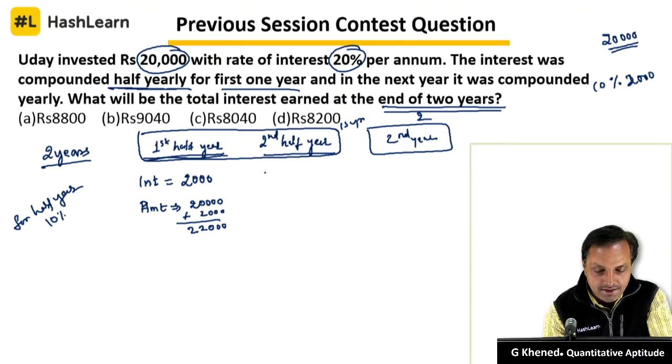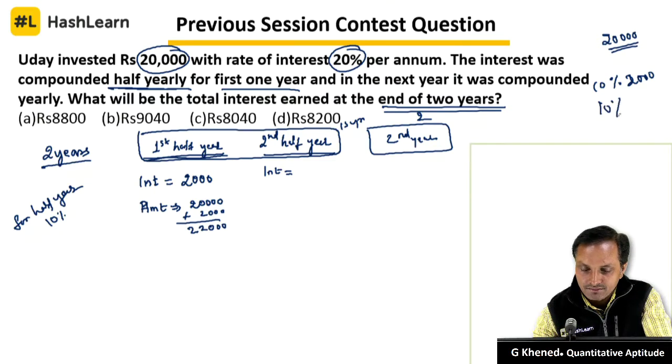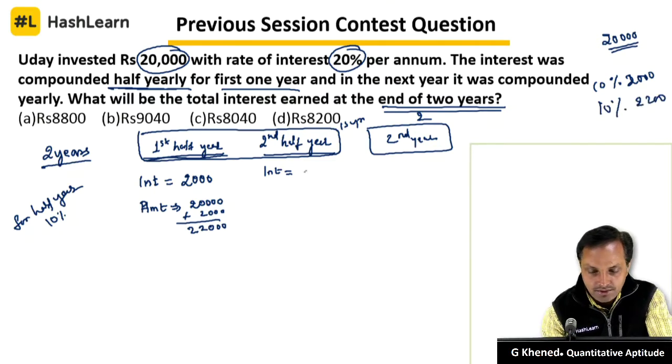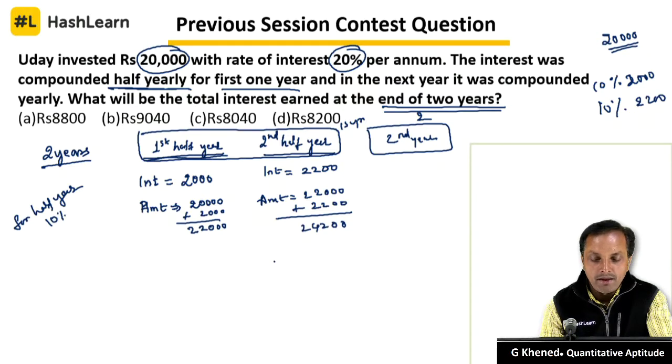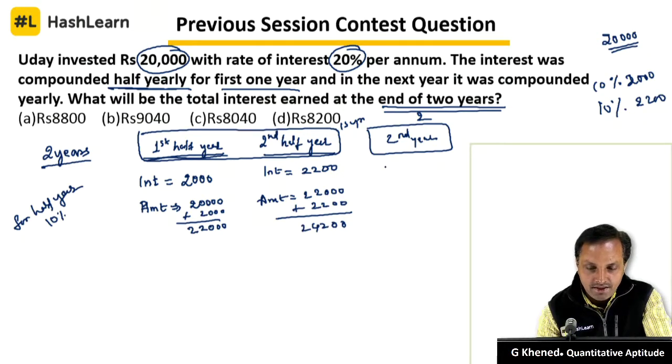What is the interest in the second half year? That is also 10%, which means 2200. Then what will be the amount now? 22,000 plus 2200 will give you 24,200.